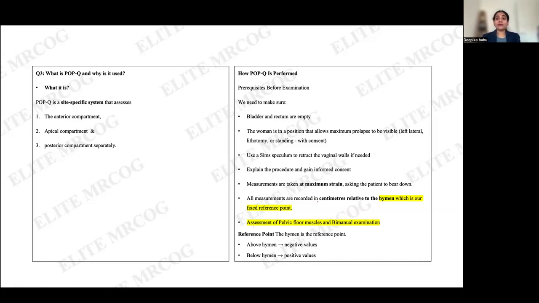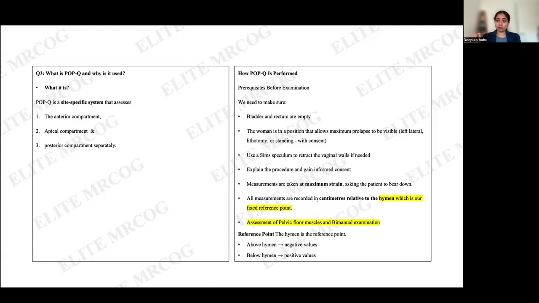Next is that all the measurements we take are in relation to the hymen. Remember, the hymen is a reference point. Please learn these buzzwords. This should go into your handheld notes, so you don't forget them, because everybody talks about POPQ but still they don't get marks. That's because you are not using those important words. So the hymen is the reference point, and the hymen is taken as 0.